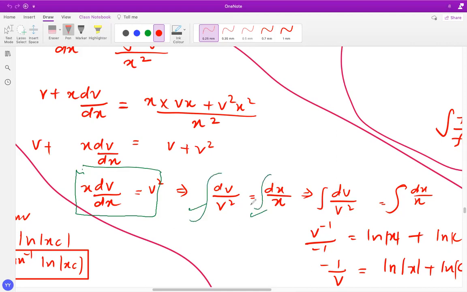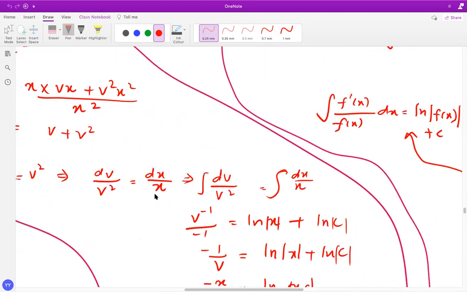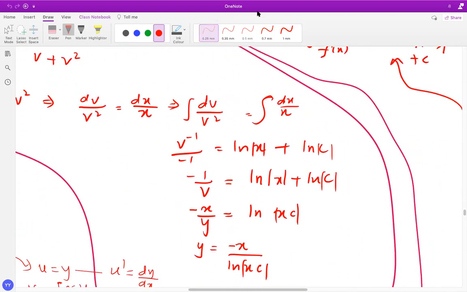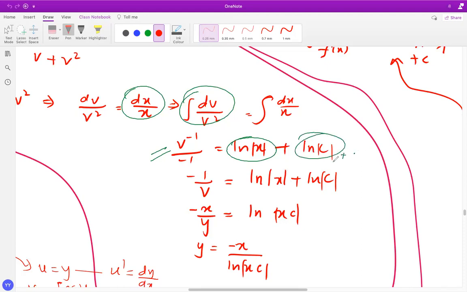Now you integrate both sides. The integration of dx over x is ln of the absolute value of x. The integration of this, you can take as v to the power negative 2, and integrating that you get this step. Instead of taking c, if you take ln c, that helps you get rid of ln easily, and you eventually get this as the answer.